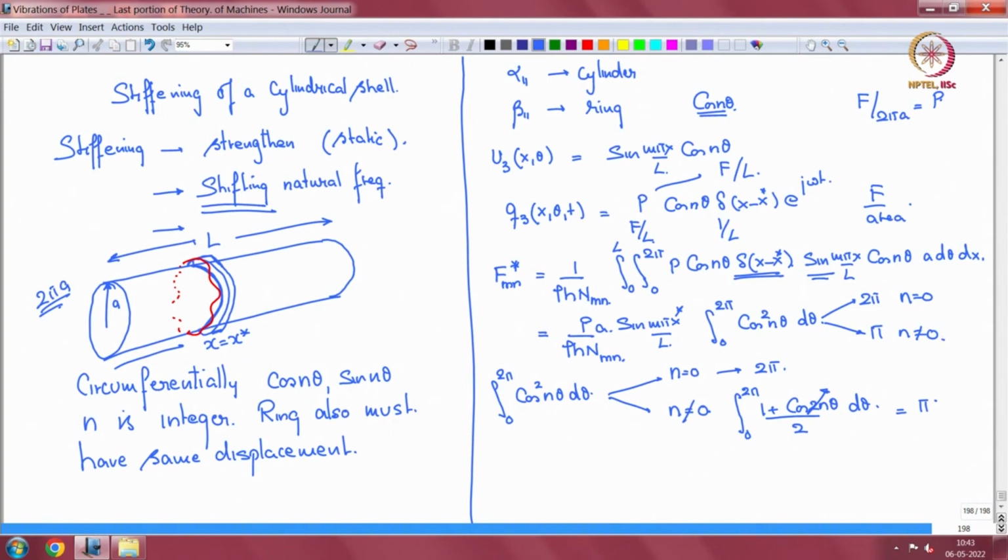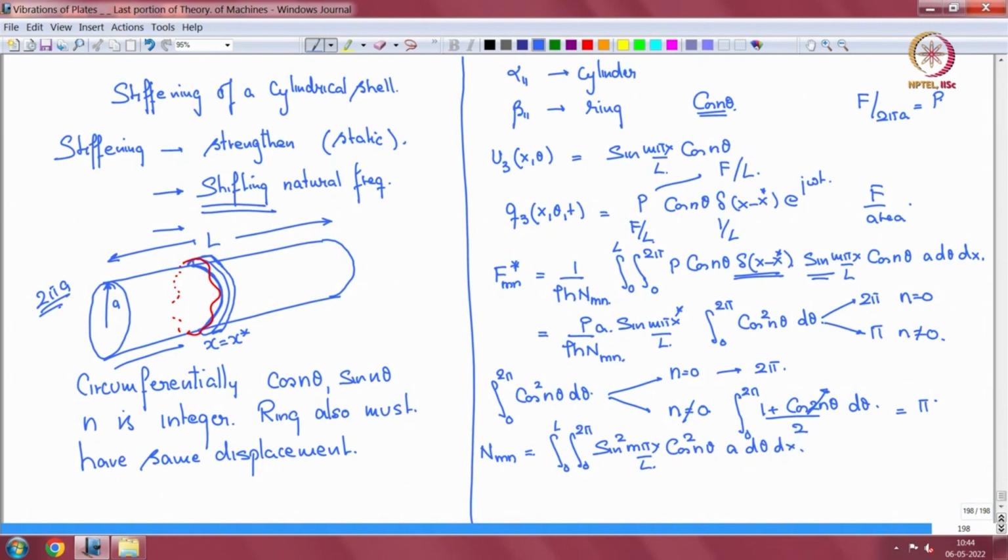Now let us look at Nmn. Nmn is again integral 0 to L integral 0 to twice pi sine square m pi x over L cos square n theta a d theta dx.